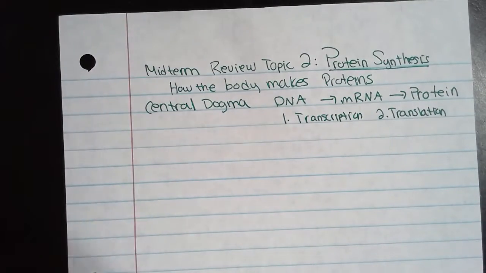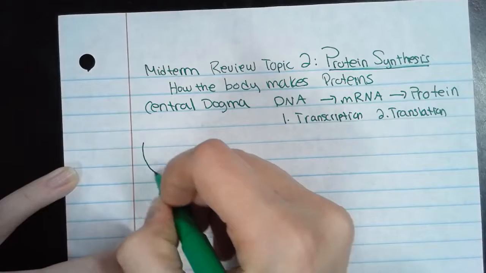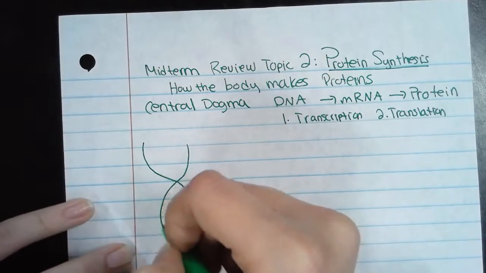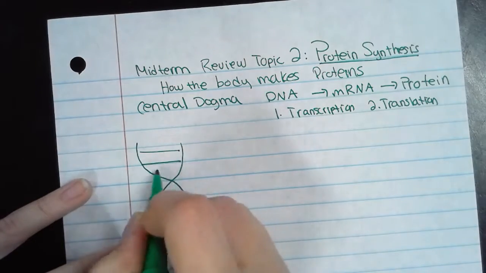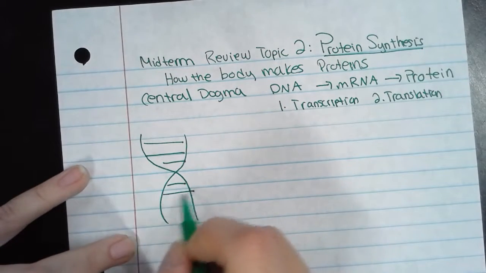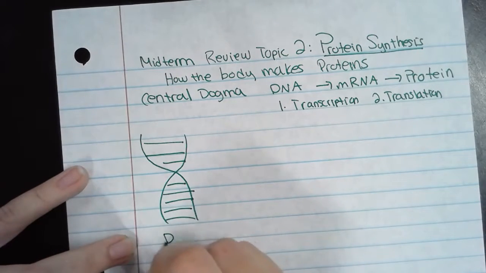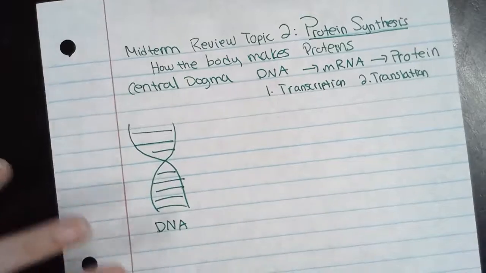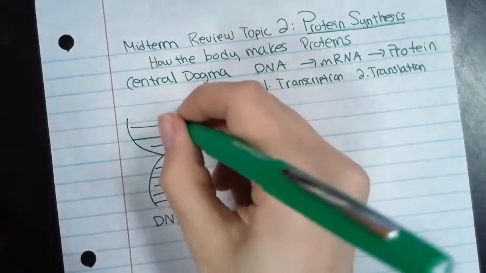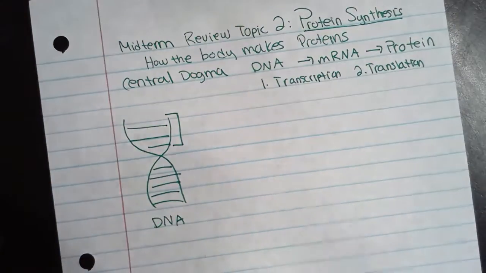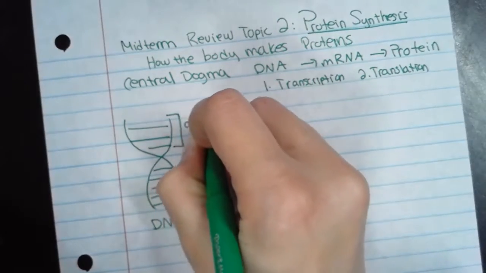I'm going to show you in 2 different ways. So if we're starting with DNA, okay, this is just basic structure of DNA. To make proteins, I literally take a section of DNA. A section of DNA is just called a gene.